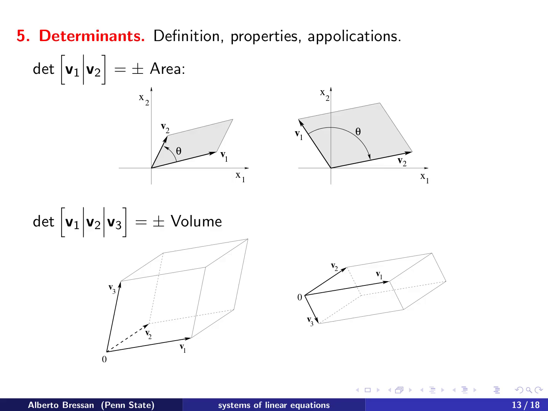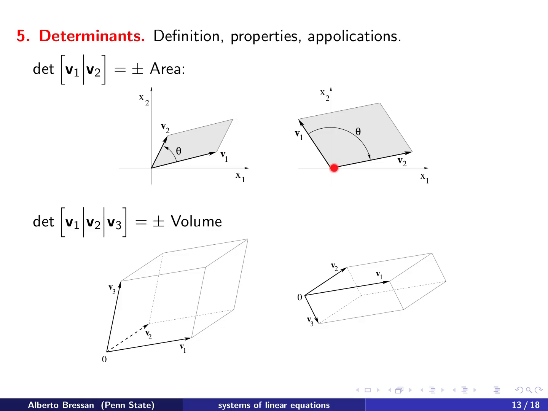So another topic we will cover is something called the determinants. We'll go through definitions, properties, and some applications of the determinants. So one property of the determinant is the following. If you have a two-dimension space x1 and x2, and you have two vectors v1 and v2, then the amplitude of the determinant equals the area formed by these two vectors, the area of the parallelogram.